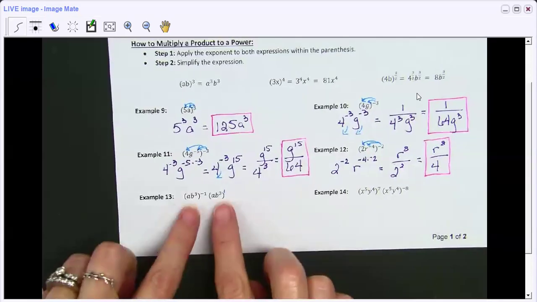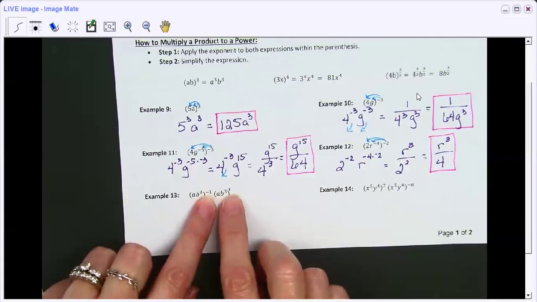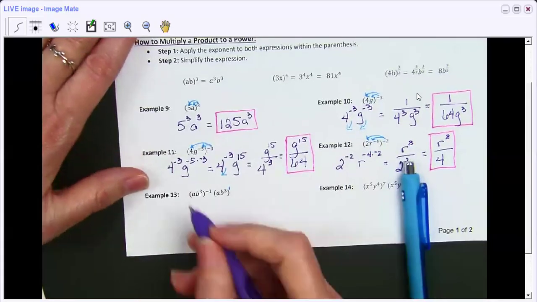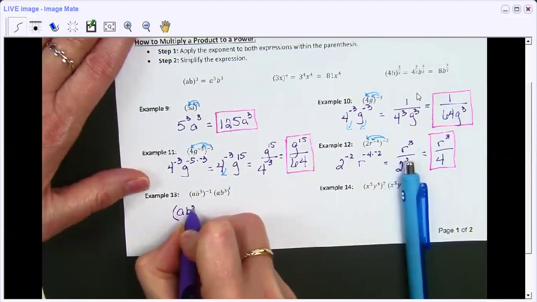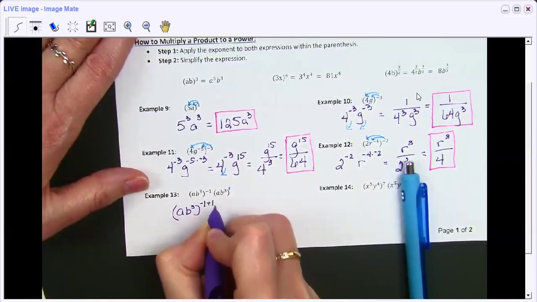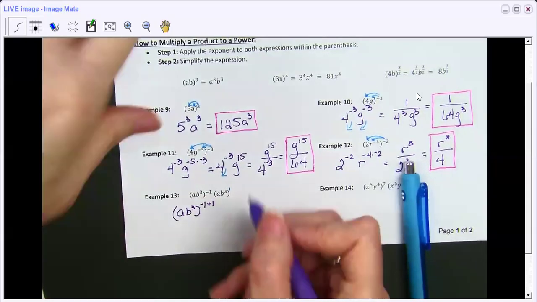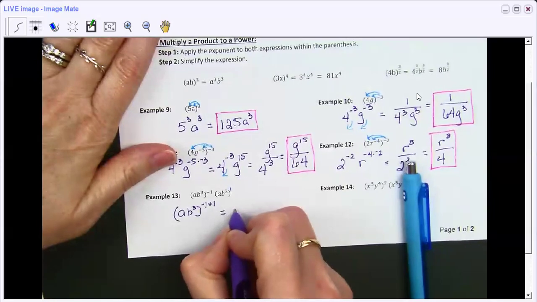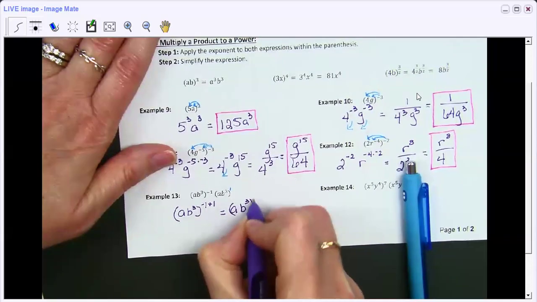So you have the exact same base. And remember, when you have the exact same base and you're multiplying them together, you just add your exponents. So really what this is, it's AB cubed to the power of -1 plus 1, which is AB cubed to the power of 0.